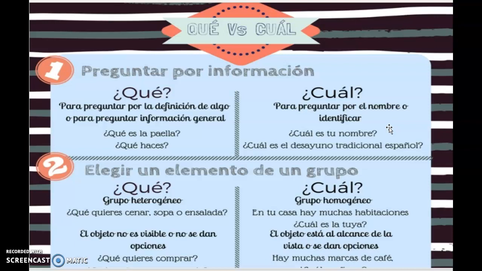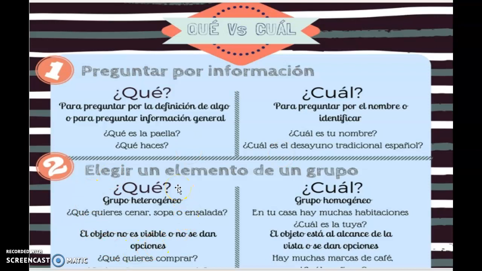You're going to say a name. ¿Cuál es el desayuno tradicional español? I'm asking you, what's the traditional Spanish breakfast? So I'm asking you to identify what this is. But again, I do have an anticipated knowledge. You probably are going to say juice, coffee, something along that line.